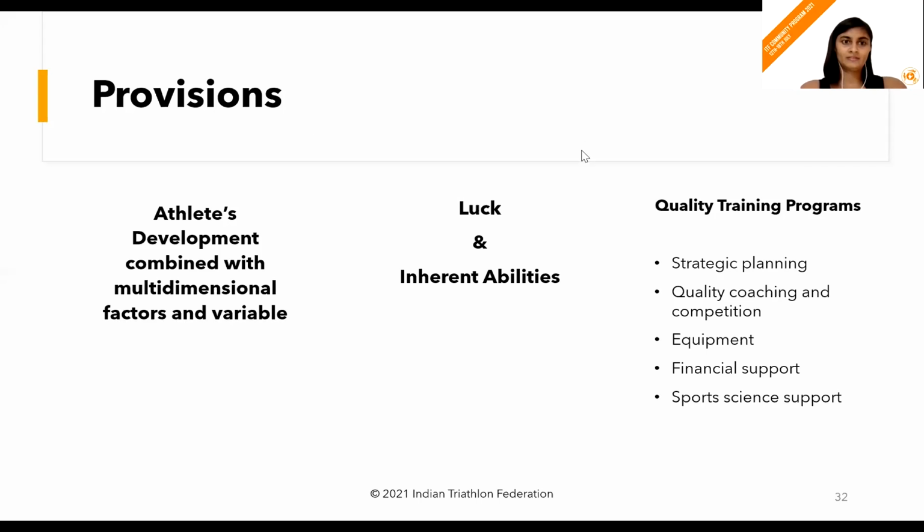If they have the potential to finish top 4 or top 6, 100% they will give you support. But if you're just going to compete in Indian events, they can't. India is a huge country with so many kids, and you can identify talent, but you can't support each and every talent. So that answers your question.